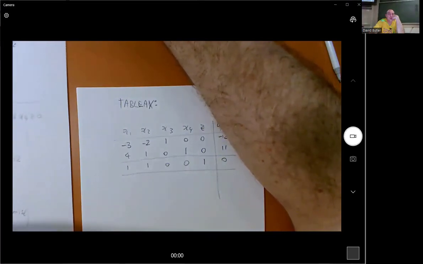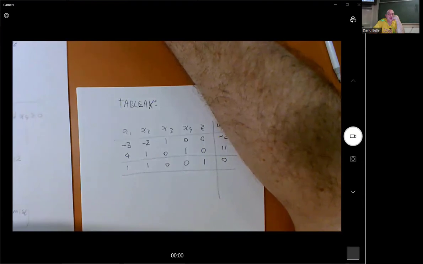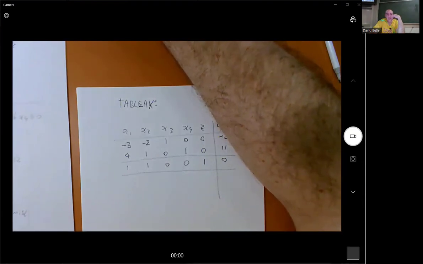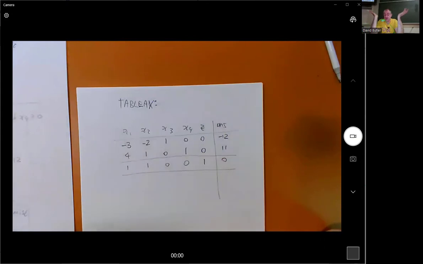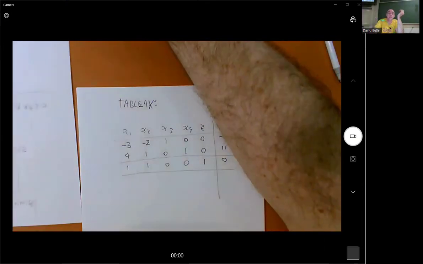So we set up the simplex tableau. I mean, the simplex tableau seems to suggest that we've found the optimal solution, but it's not true, right? Because the optimal solution we've been told is 5, according to the answers to that problem.